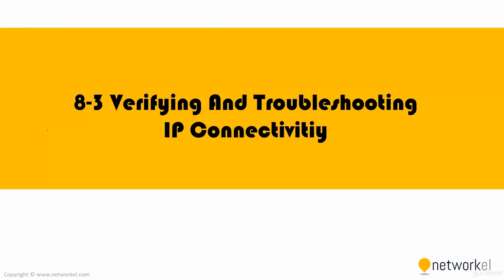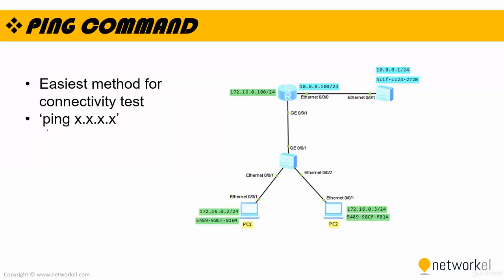And let's take a look at verifying and troubleshooting IP connectivity. The easiest method that I can use to verify and troubleshoot IP connectivity is the ping command. For example, if I want to check the reachability between PC1 and PC2, I can use the ping command in PC1.